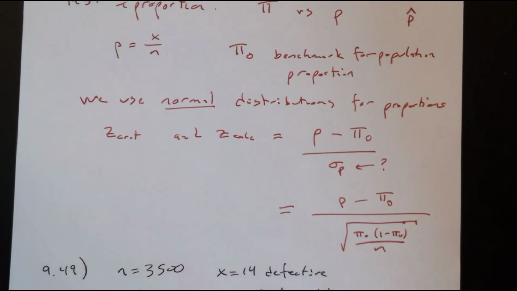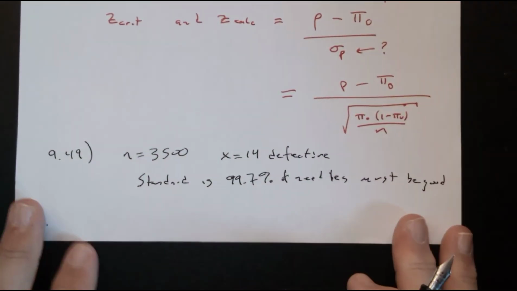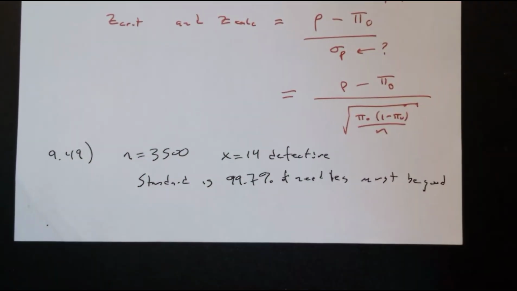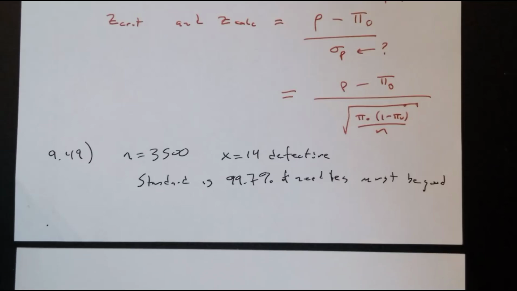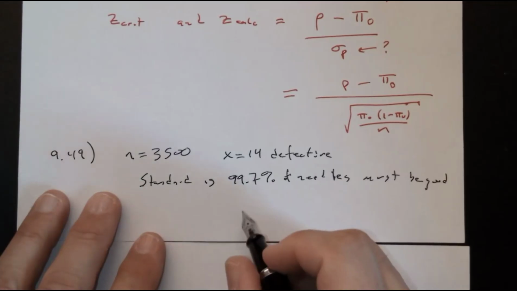Off the bottom of the screen, you can't see what I'm writing. If 99.7% of the needles must be good, then how many of them can be bad? It would be 0.3 percent, right?